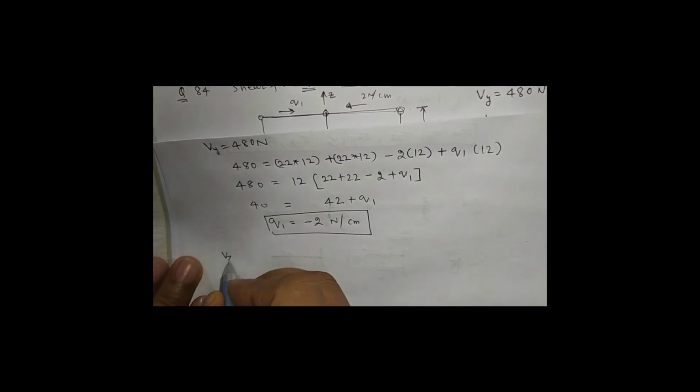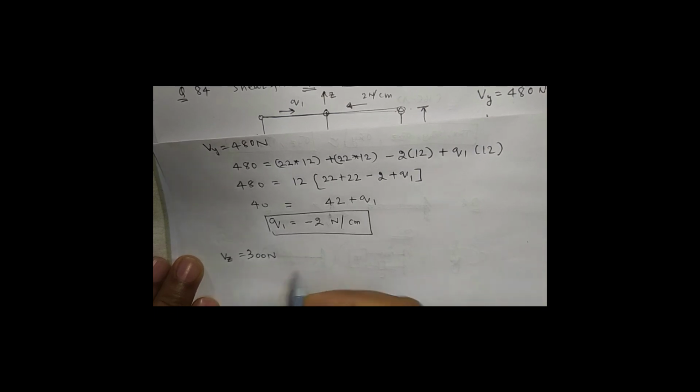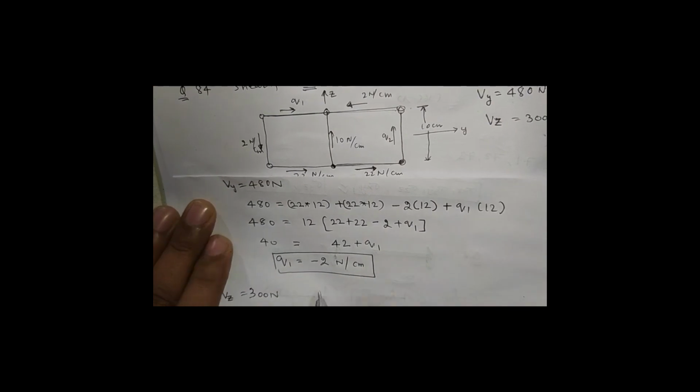In the z direction, 300 Newton is given. The z direction is upward.